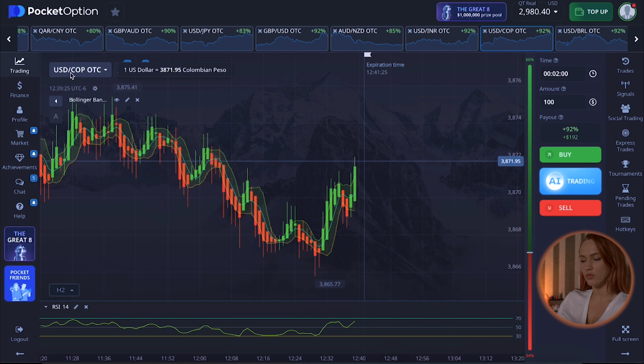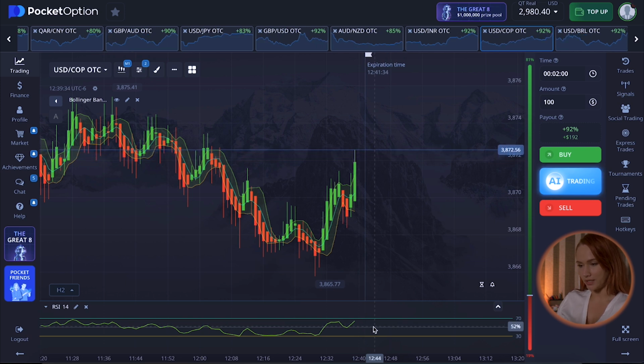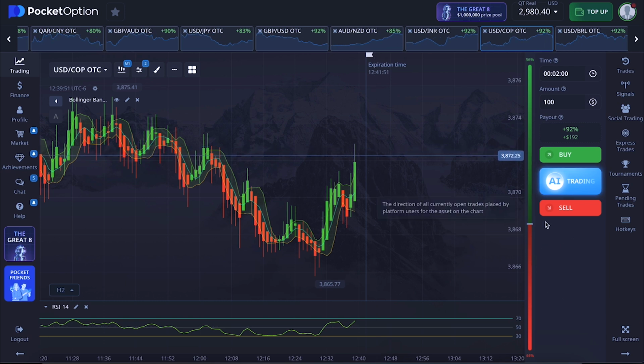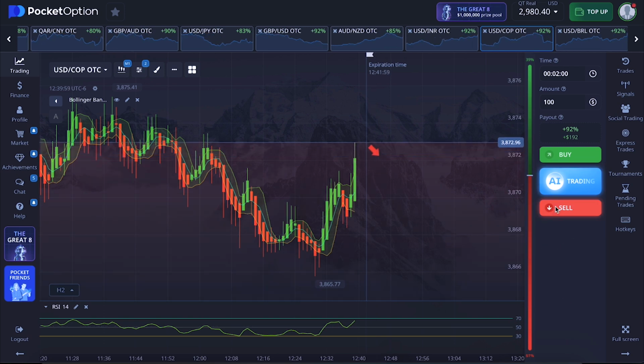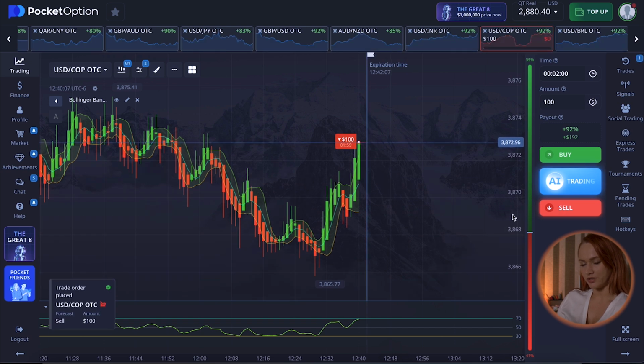Excellent. US dollar Colombian peso. We see a breakout on the upper border of Bollinger Bands, and RSI is approaching line 70. Let's wait for the next candle and decide. But there will most likely be our next deal. Yep, let's enter this deal.